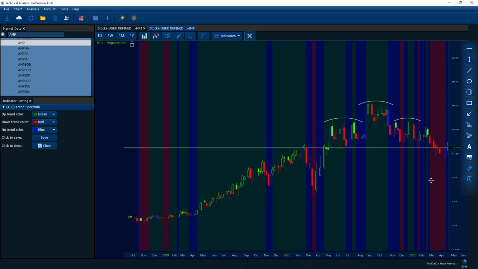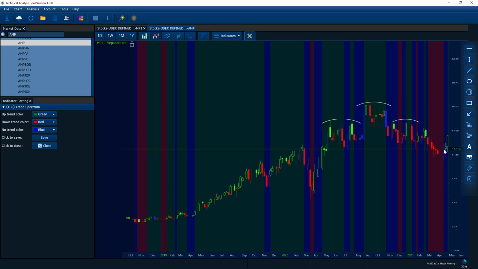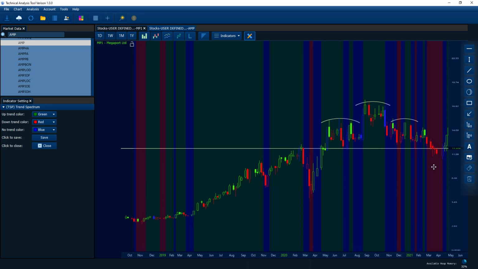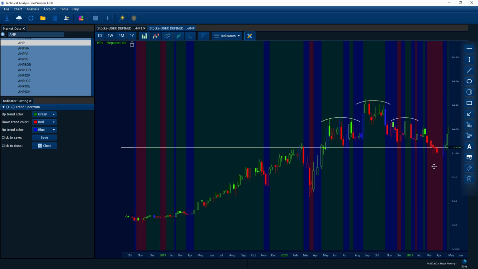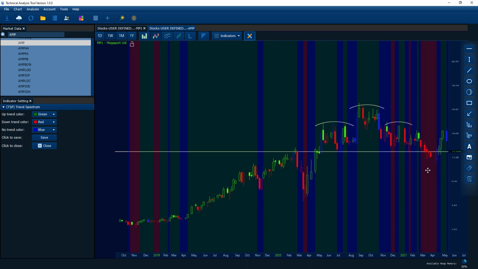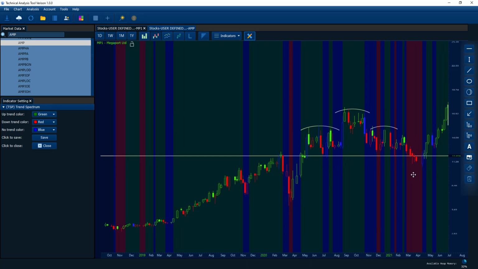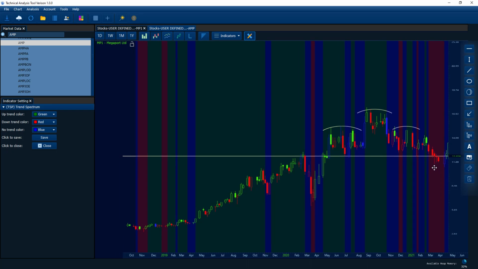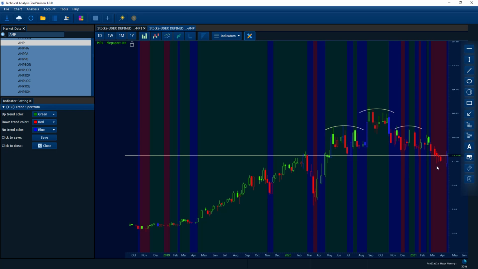But when this share stands back above this neckline and the underlying trend becomes green, you will know this is probably not the moment for the trend to reverse right now. As you can see here, it's moving up again. The trend spectrum is in red for these couple of weeks.